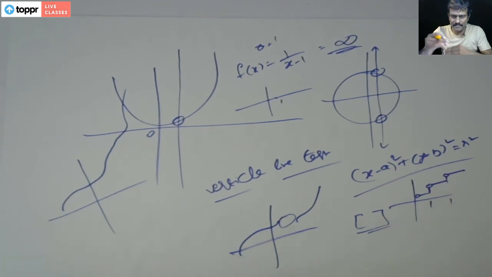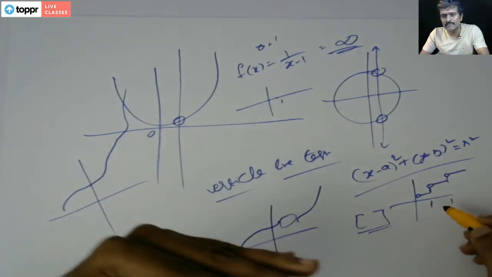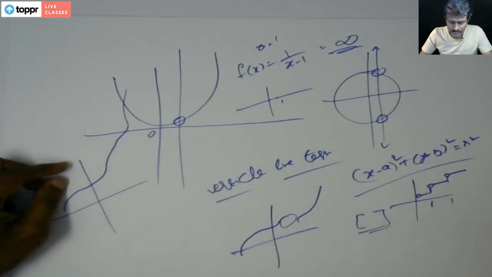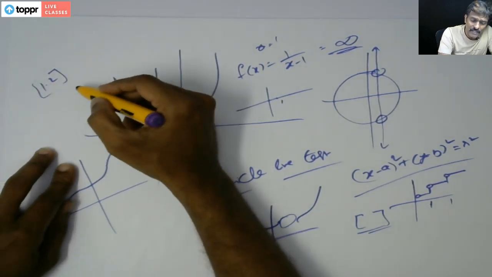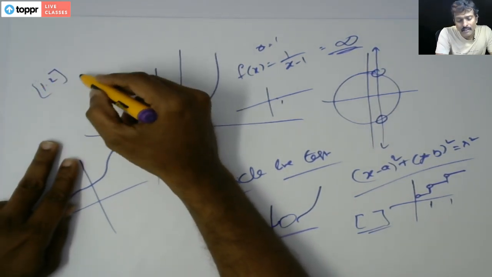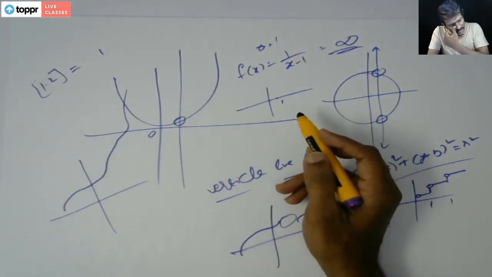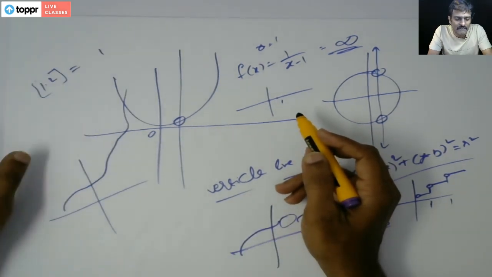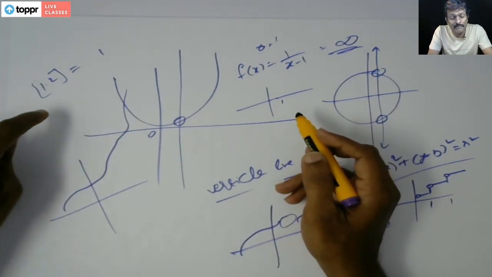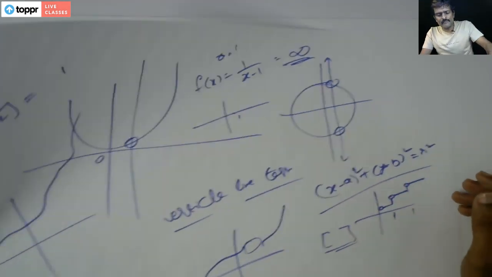When you are changing from integer to integer, there is a break, because from 1 you have to go to 2, and there is no value between 1 and 2. If you take any value greater than 1 and less than 2, its value will be equal to 1, because the greatest integer smaller than the given value will be considered, right? So these all are discontinuous functions, right?